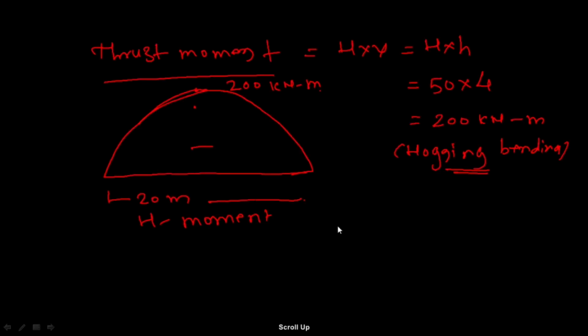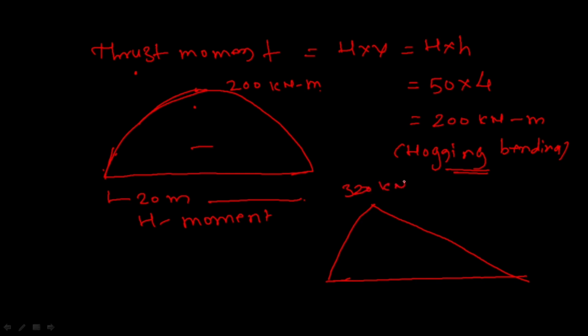The simply supported bending moment diagram has 320 here, and at the center this moment is 200 kilonewton meter.